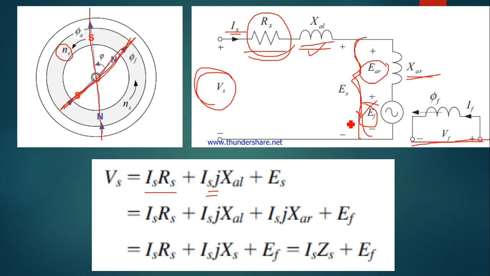So basically this EAR is equal to nothing but J IS XAR. So that is simply written.